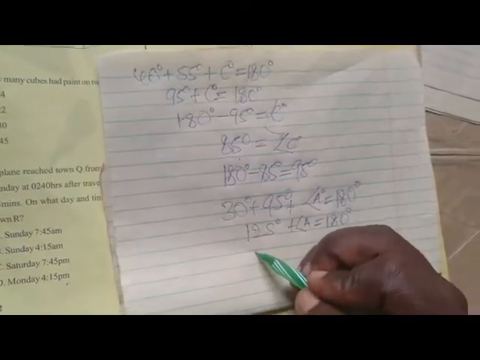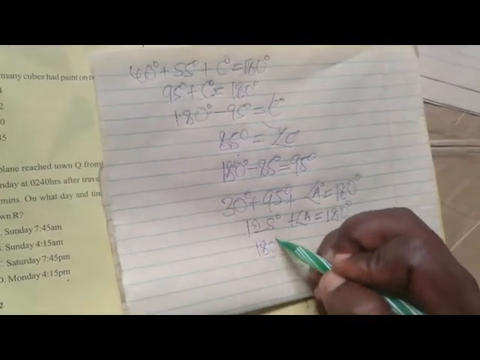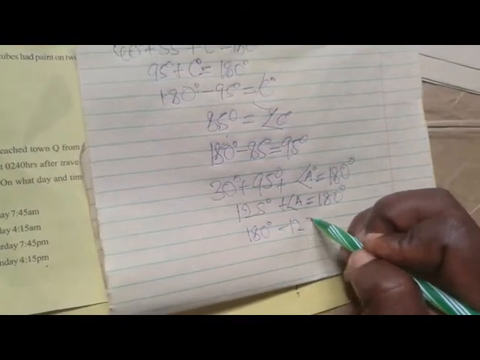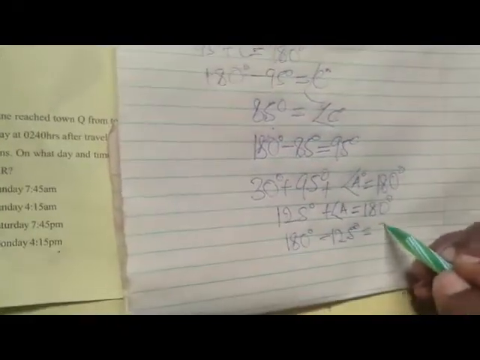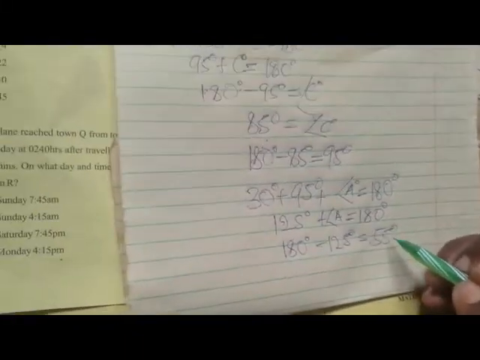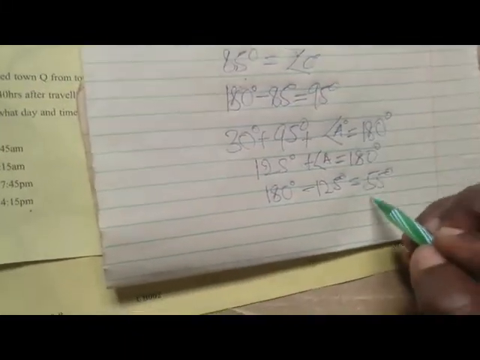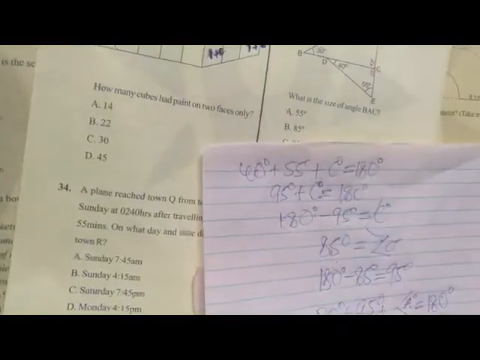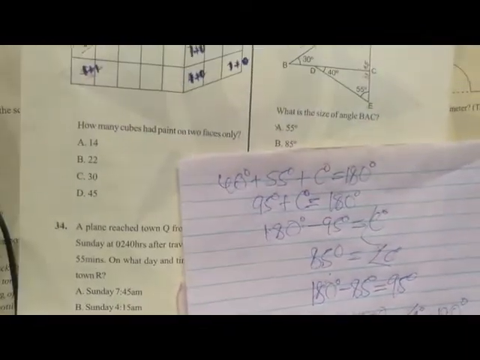Therefore, 180 degrees minus 125 degrees gives us 55 degrees, and this is in option A.